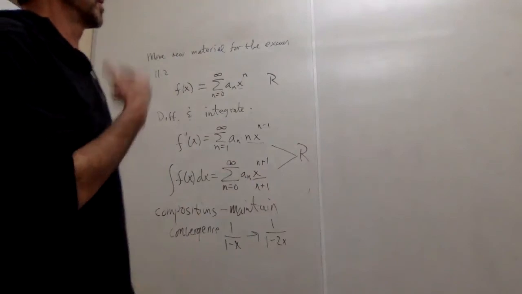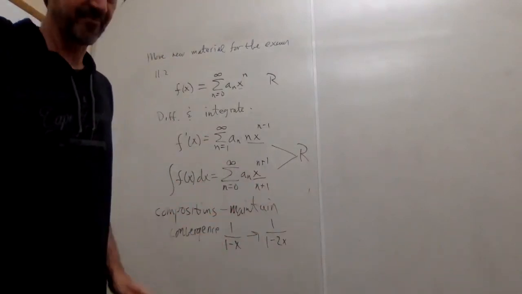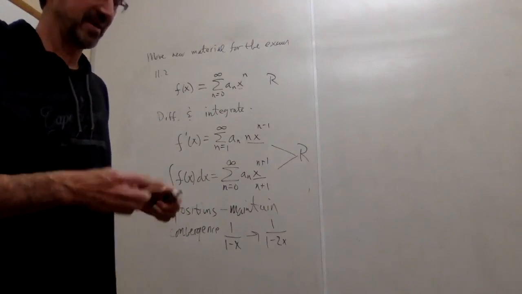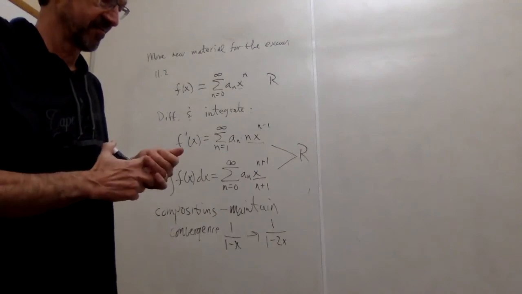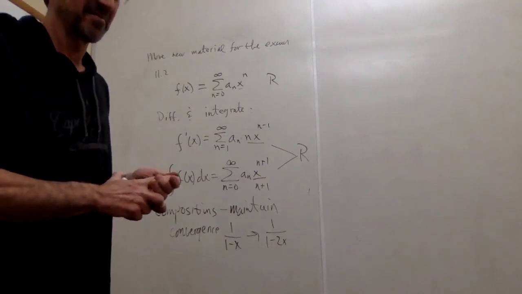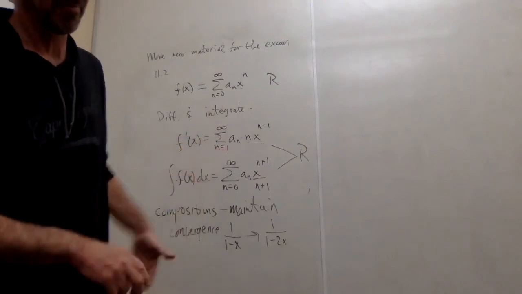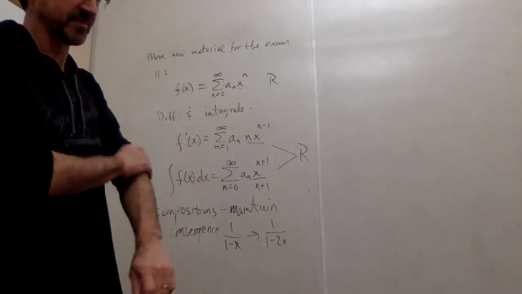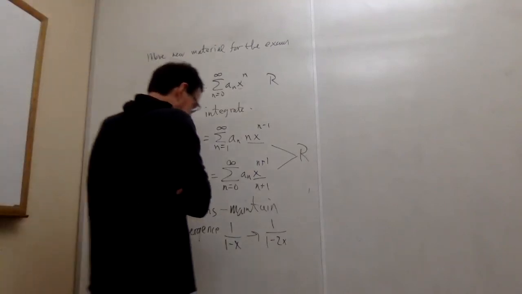So the new material will be a greater focus on the exam, maybe as much as half, probably not quite half. Because we haven't been quizzed over it, except for the third problem on the makeup quiz, it'll be a significant portion of the exam.